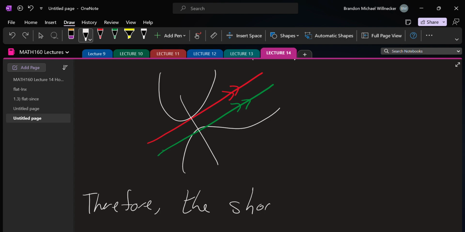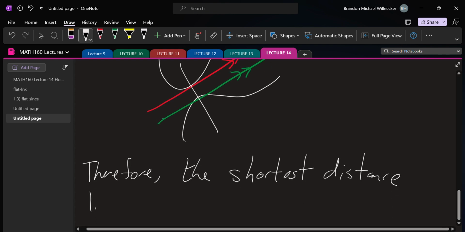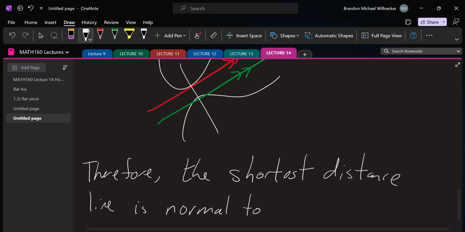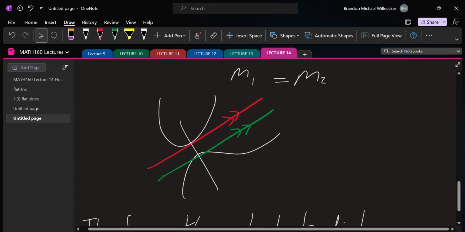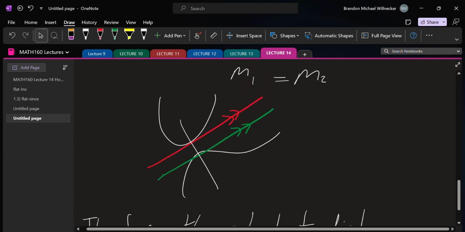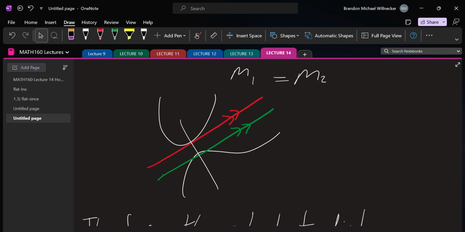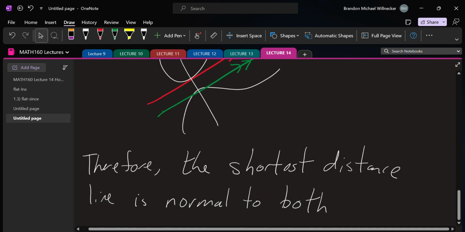Therefore, the shortest distance line is normal to both curves. Why? Because the normal to the red and the normal to the green is normal to both.